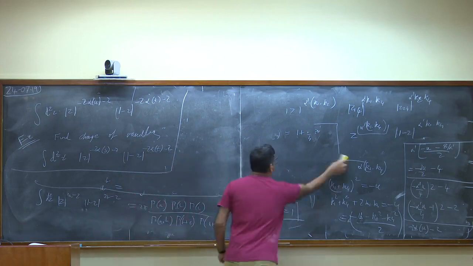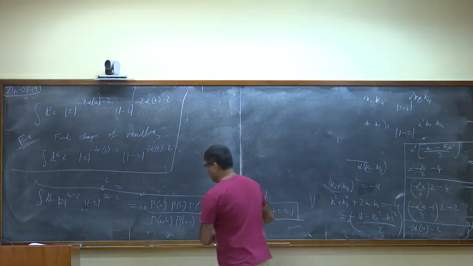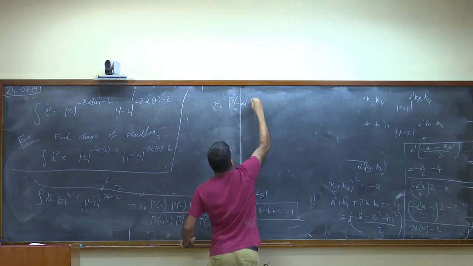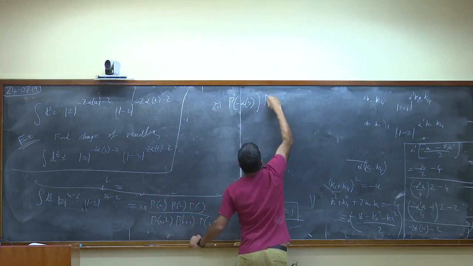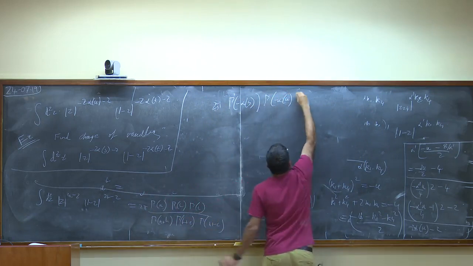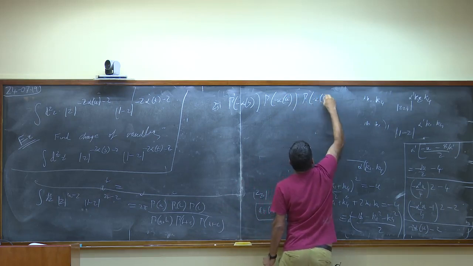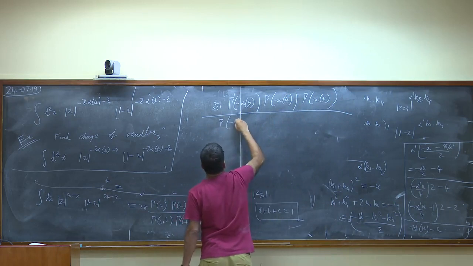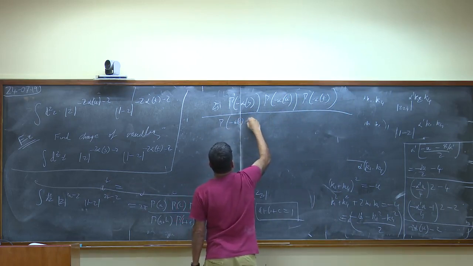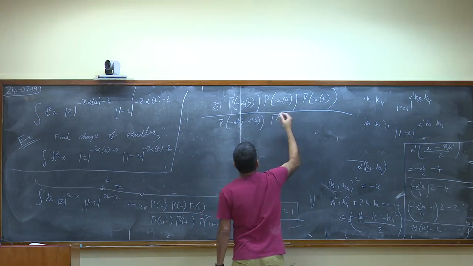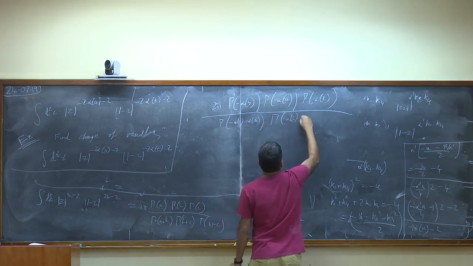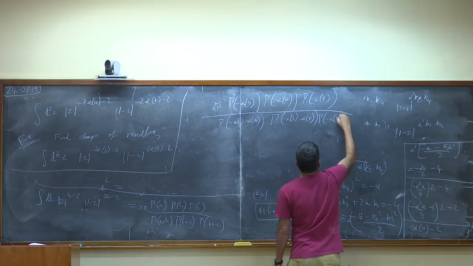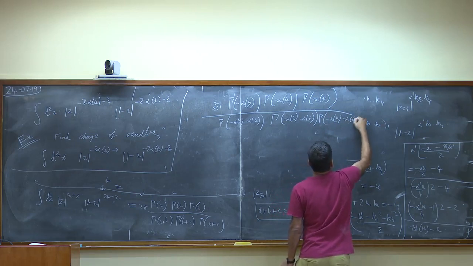Therefore, with this general formula, we get the answer 2π times gamma of minus alpha of s, gamma of minus alpha of u, gamma of minus alpha of t, divided by gamma of minus alpha of s minus alpha of u, gamma of minus alpha of s minus alpha of t, gamma of minus alpha of u minus alpha of t.